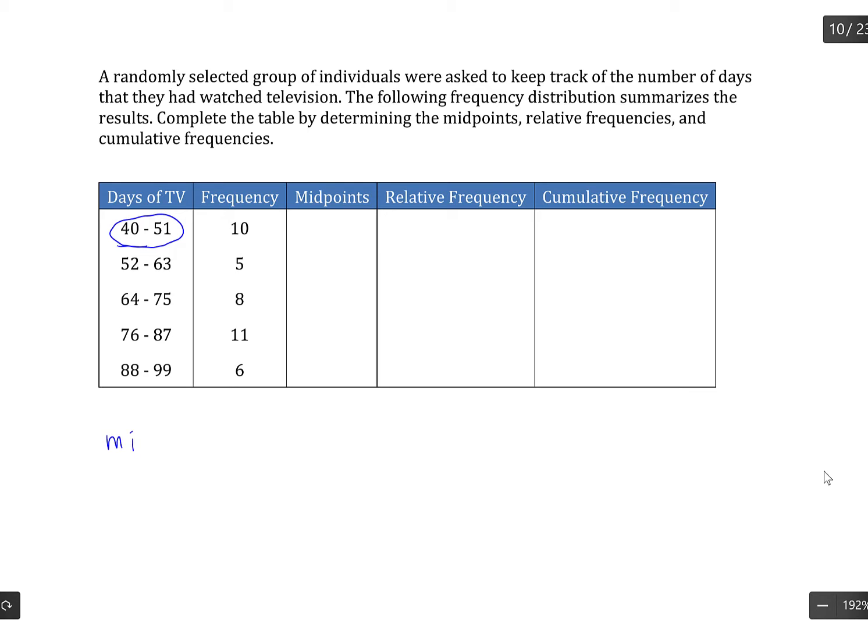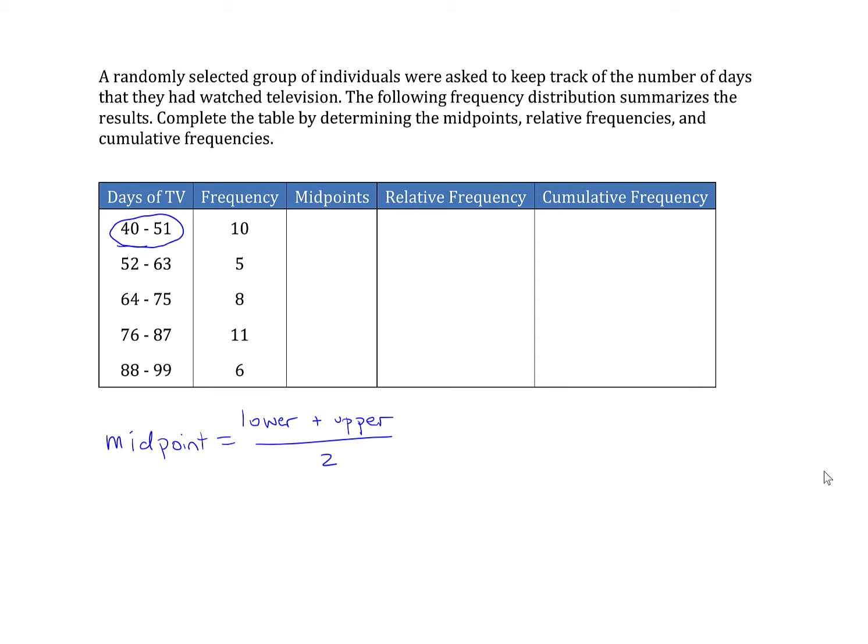Now, the formula for a midpoint says to take the lower class limit plus the upper class limit and divide by 2. You can memorize this as a formula, or you can think of it as a process that you already know. This is, in effect, averaging your class limits.